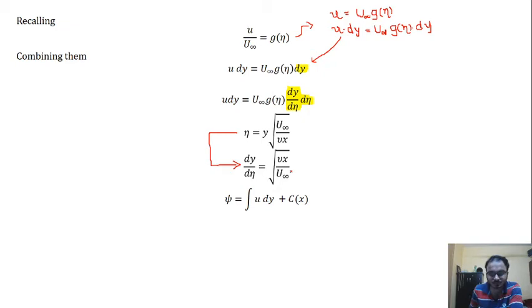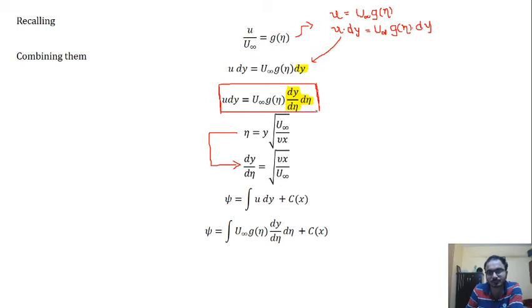Now the value of psi, which was already written in our previous slide, so now instead of this u into dy, we can write down this.